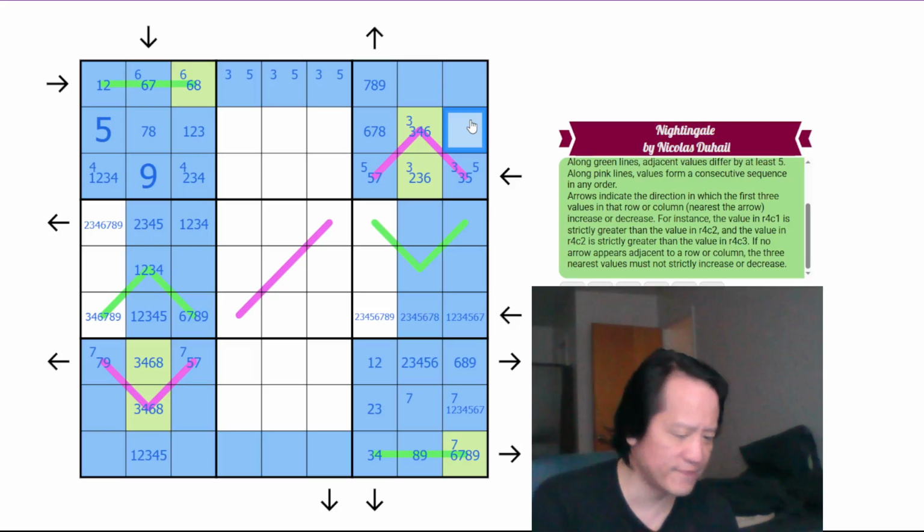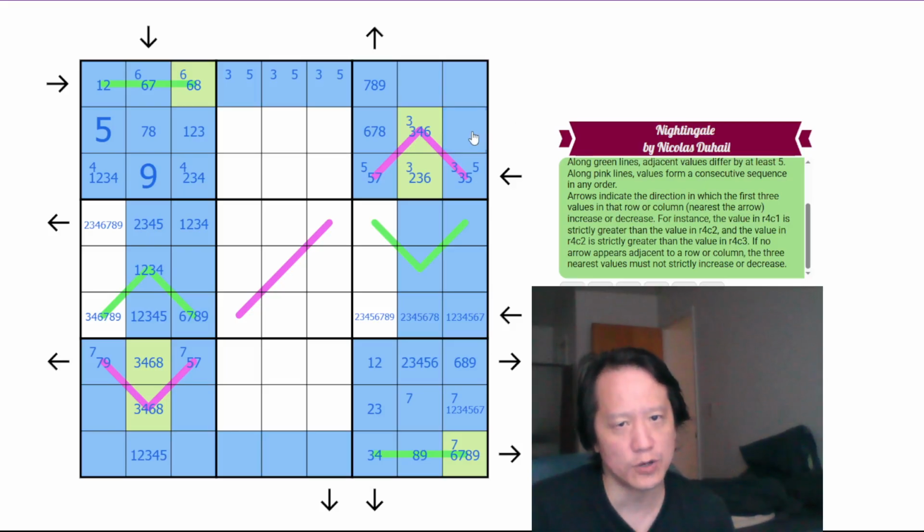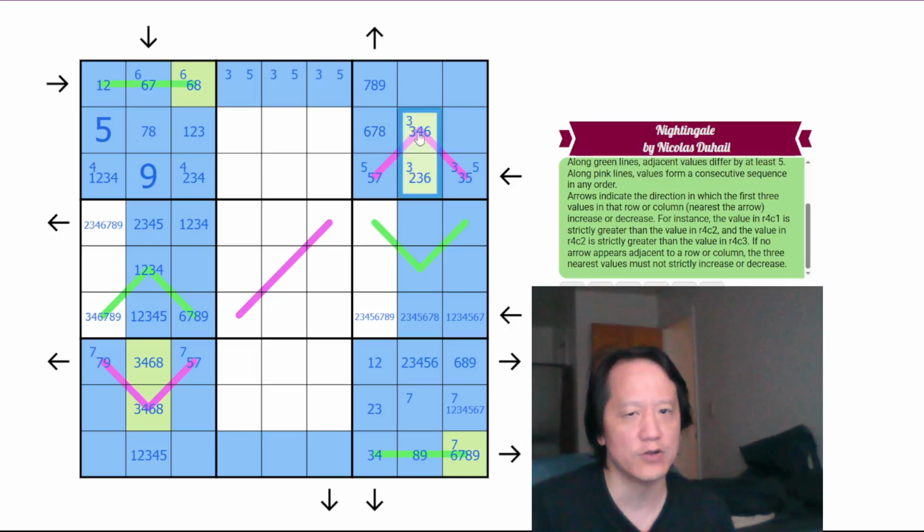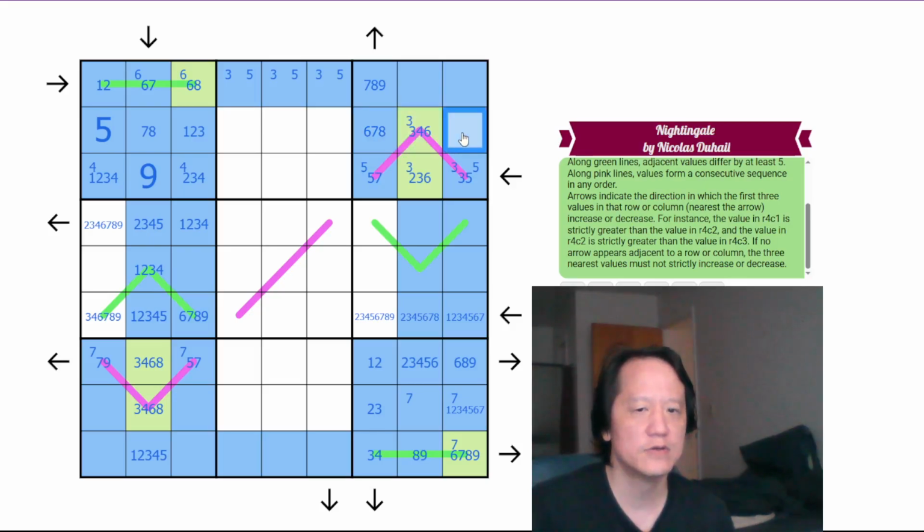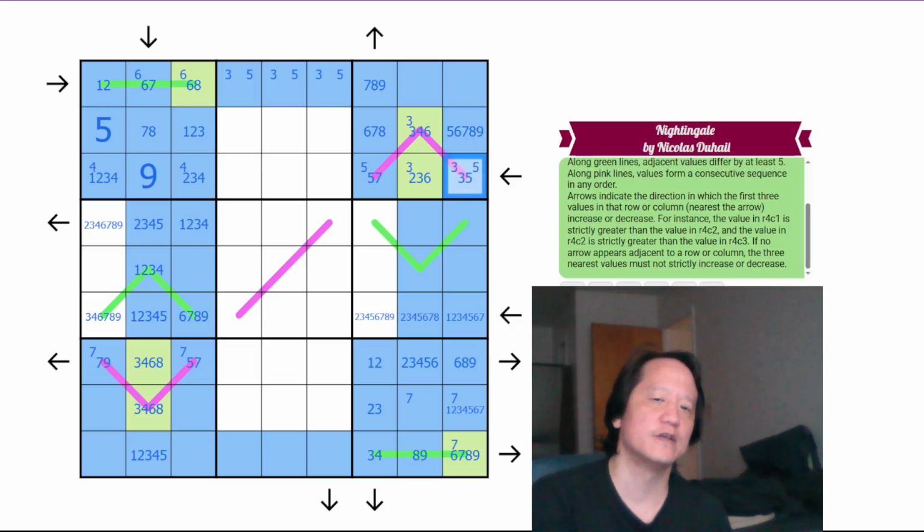It can't be 4, because if this is 4, that would mean these are 6s in values here, because we either have both 4s in values here or both 6s in values here. And then this would be decreasing from the 6 to the 4, and then from this digit to that. So no 4, it could be 5 through 9 here.